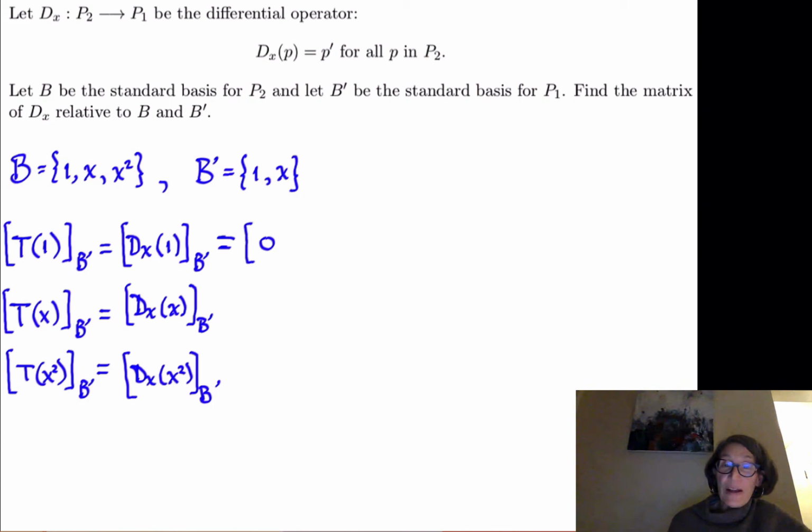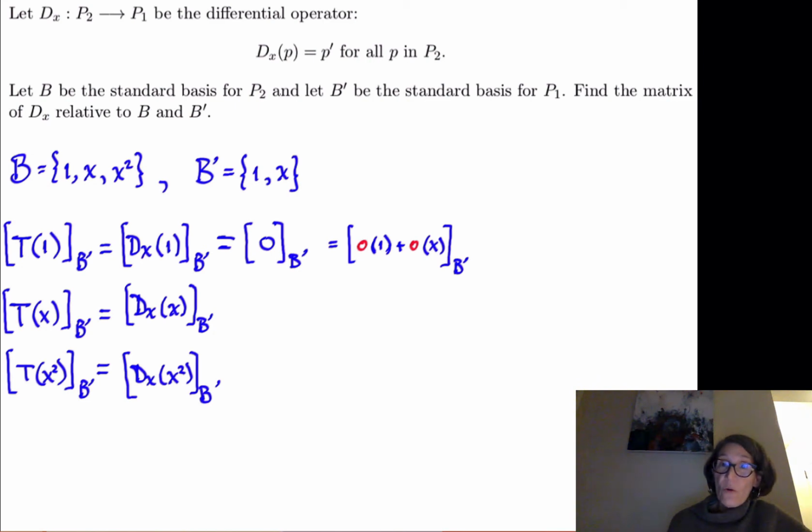But we need to find the coordinate vector of that polynomial relative to B prime. To do that, we need to write the polynomial 0 as a linear combination of the vectors in B prime. So B prime consists of the vectors 1 and x, and so we can write 0 as the linear combination 0 times 1 plus 0 times x.